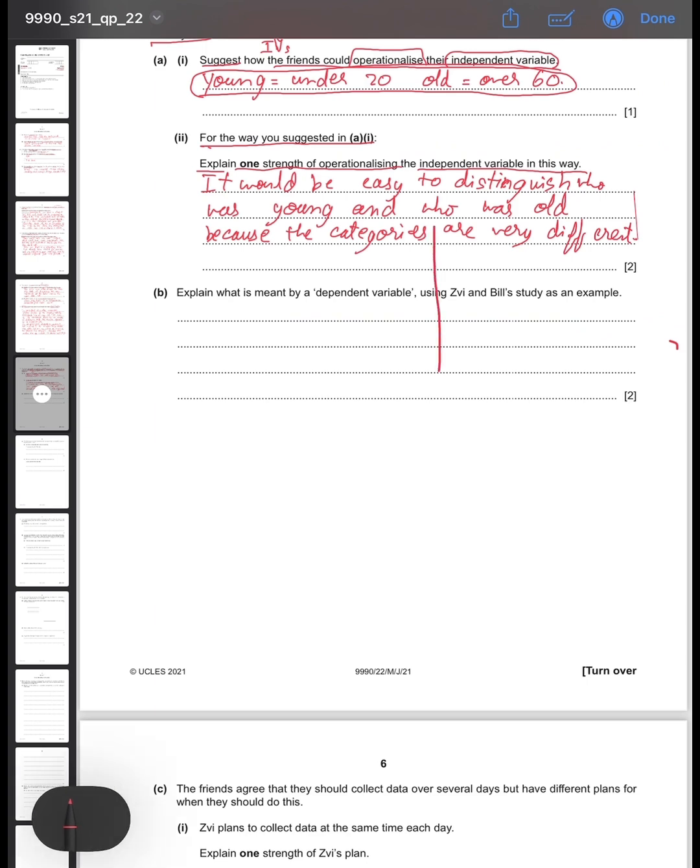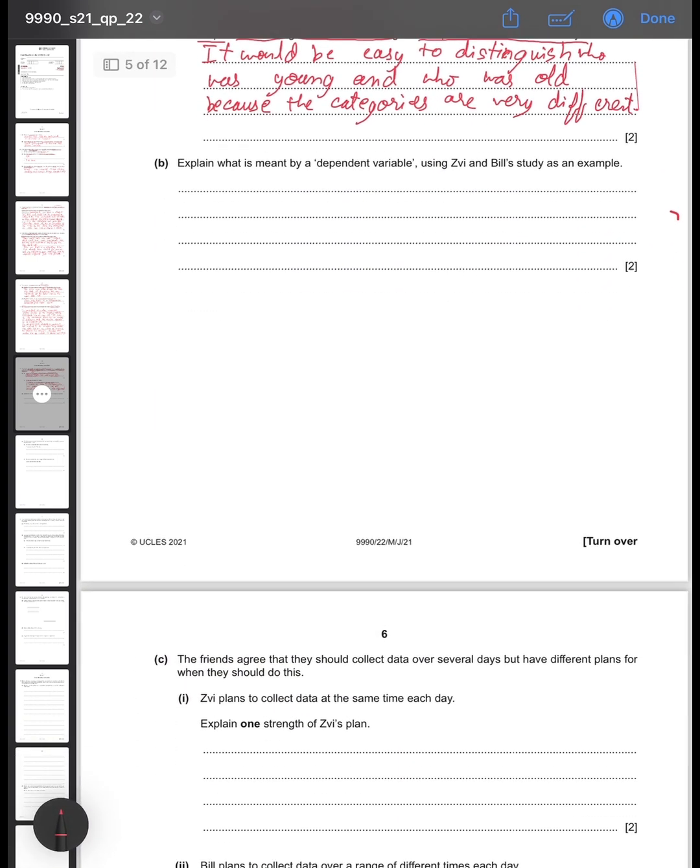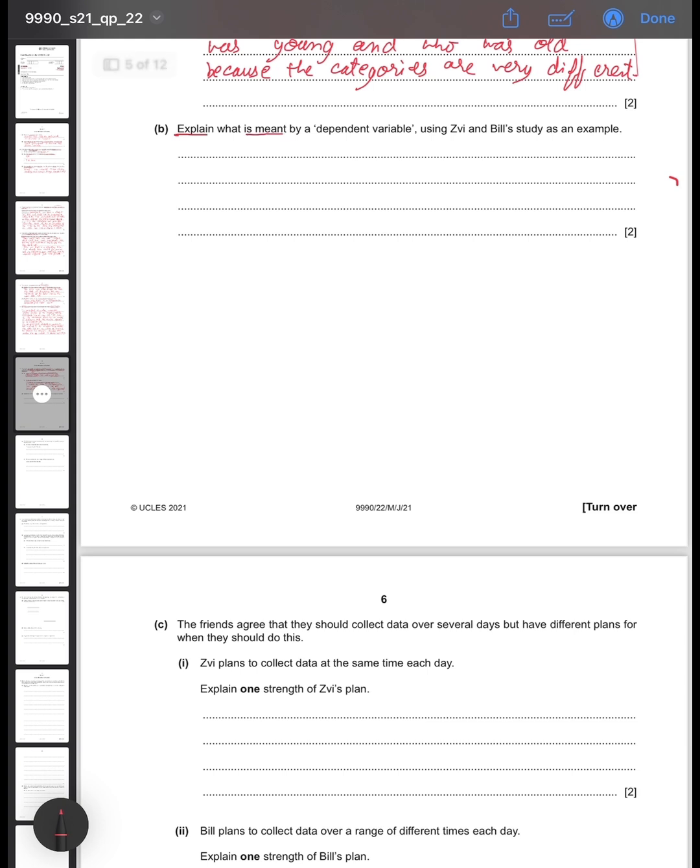Now part B says, explain what is meant by a dependent variable using Zoe and Bill's study as an example. So what is meant by a dependent variable? A DV or a dependent variable. The dependent variable is the one being measured.